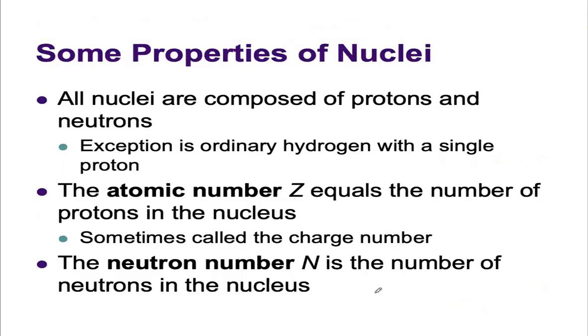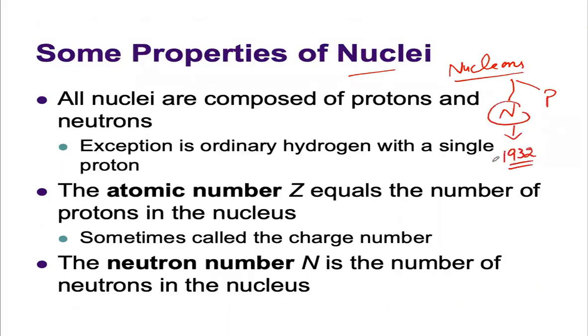So now you will wonder, we generally talk about the nucleus consisting of nucleons, that is neutron and proton. The discovery of the neutron was around the year 1932.